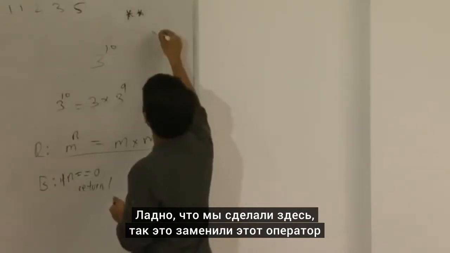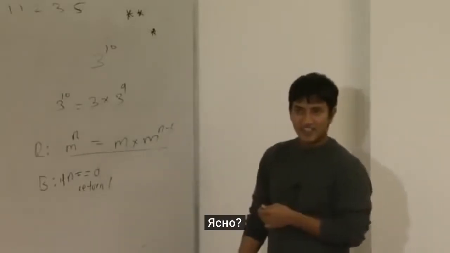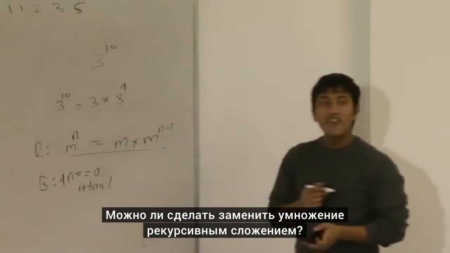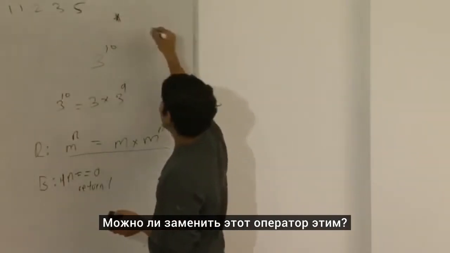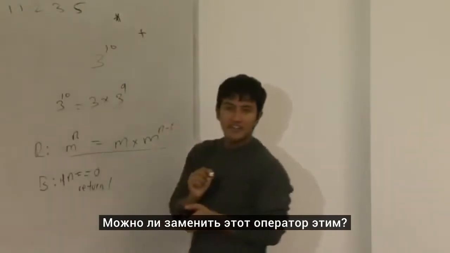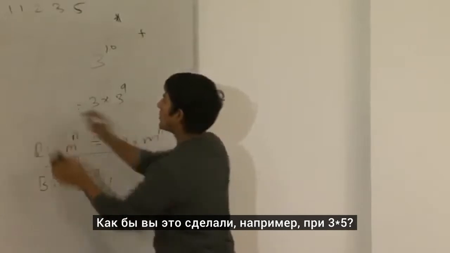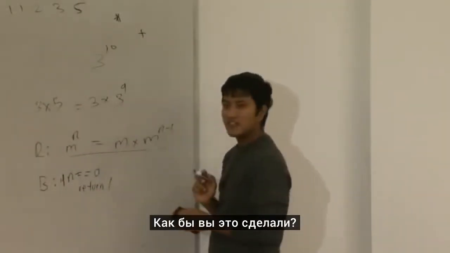Okay. Similarly, if you want to multiply something, here what we did is replace this operator by recursively using this operator. Okay? Can you do the multiplication by recursive addition? So can you replace this operator by this operator? Yes. So how would you do this? For example, say 3 into 5. How would you do it here?